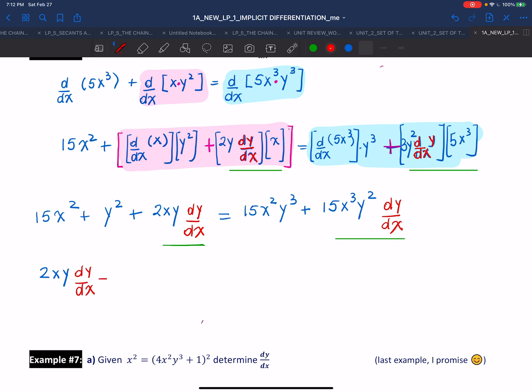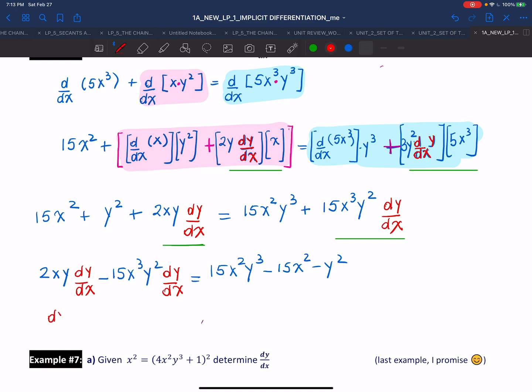So that would be minus 15x cubed y squared dy dx. The rest of the terms will go all on the right side of the equation. So 15x squared y cubed is already on the right side. We'll have 15x squared and y squared move to the other side, and they will become negative, obviously, here. And now we will have to factor dy dx so that we can prepare to isolate it.